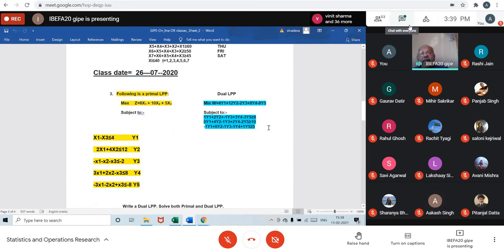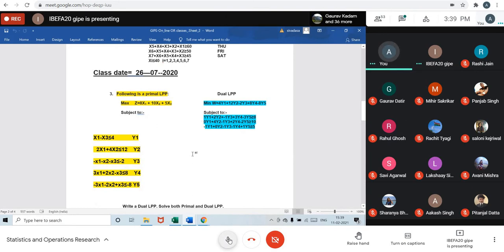Okay. Number of constraints in dual, how do you decide? So the number of variables in the dual?